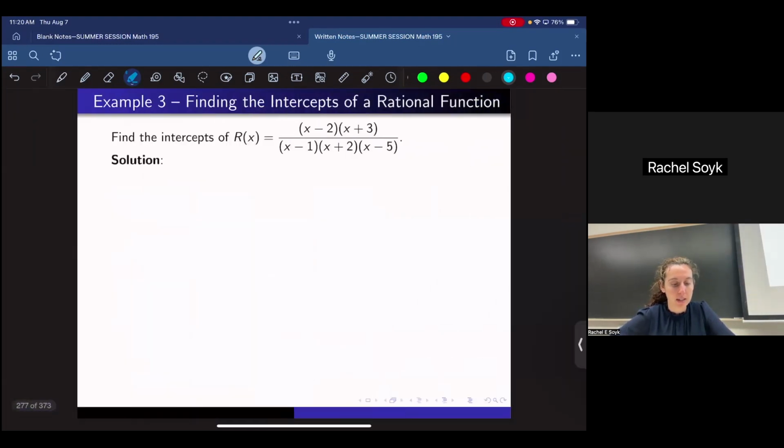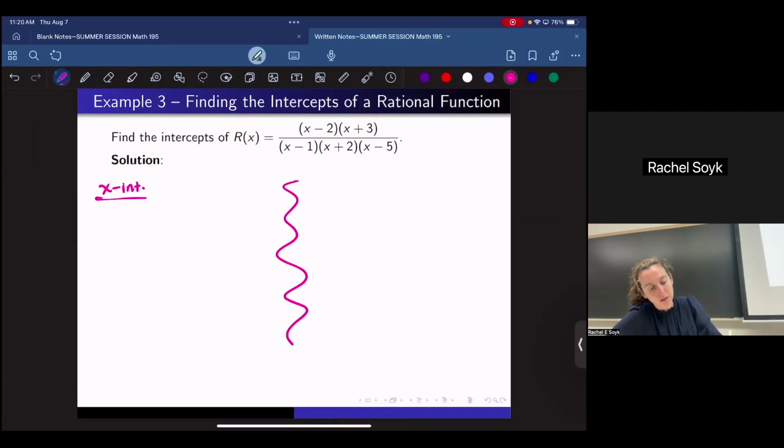So why don't we give example 3 a shot where we're asked to find both our x and y intercepts. We'll start off with our y-intercepts just because it takes less than a minute to solve for your y. You just plug in 0 wherever you see an x. And so we end up getting -2 times 3 for your numerator.